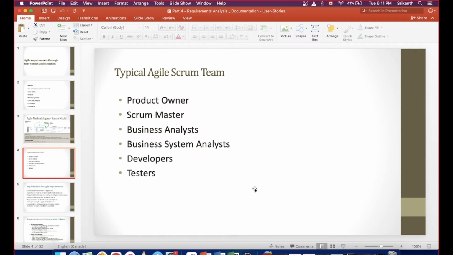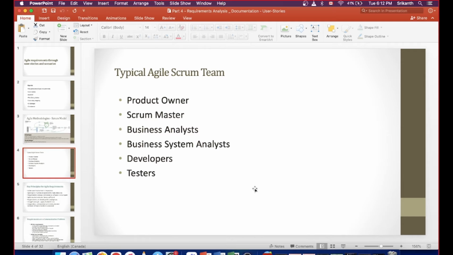Sometimes he'll be part of the business, and sometimes he can be an experienced SME from the banking or insurance domain whom they hire from outside and keep in charge of the whole product. He will be approving the requirements, raising questions if anything is going wrong or if any features are missing, and overseeing the whole project.